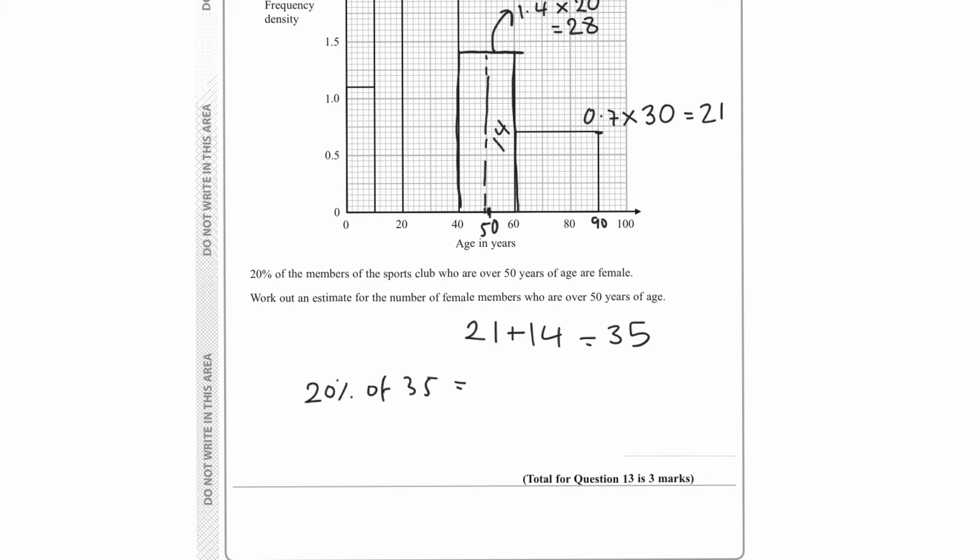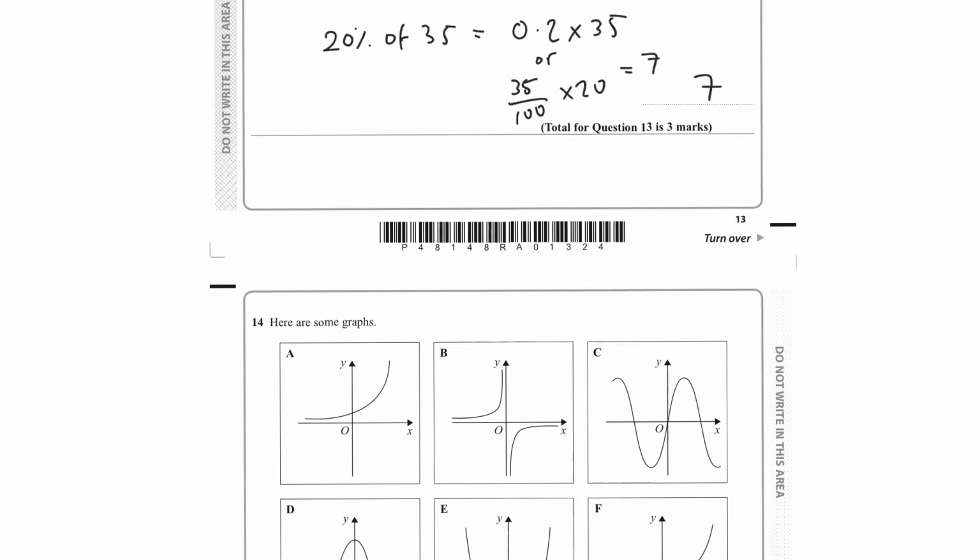You could put into your calculator either 0.2 times 35, or you could do 35 divided by 100 times 20. And that should give you an answer of 7. Okay. So we know that answer is 7.